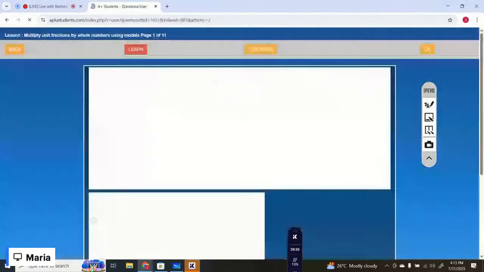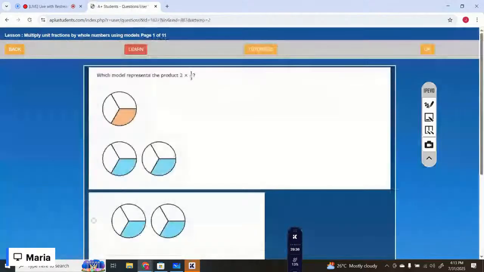Let's just start with the test questions. Which model represents 2 times 1 by 3?